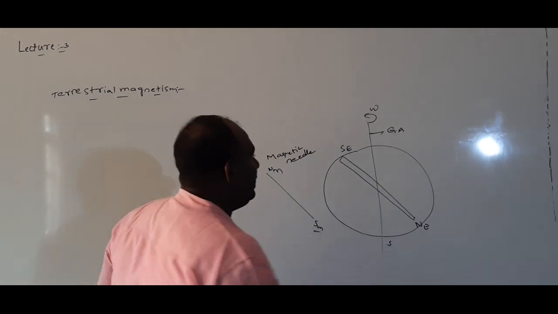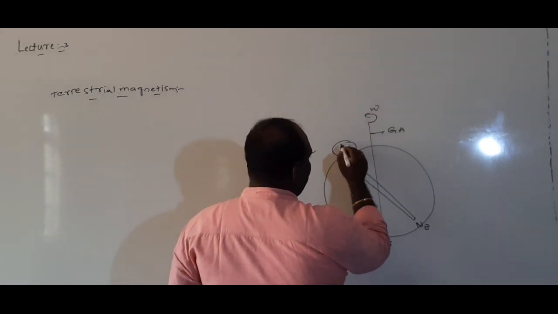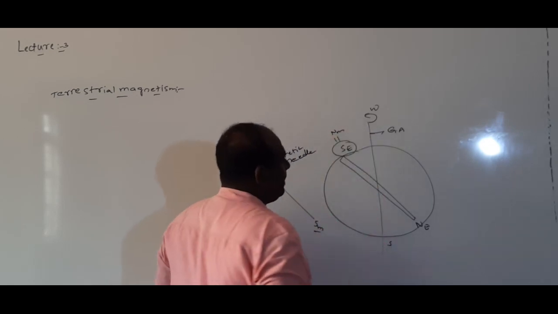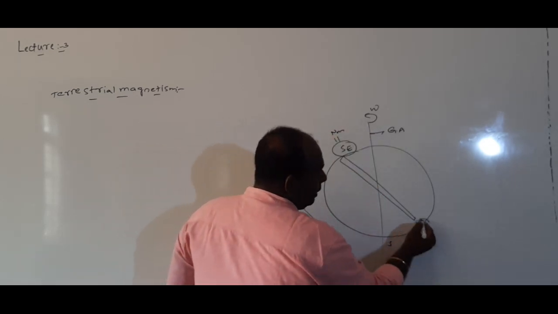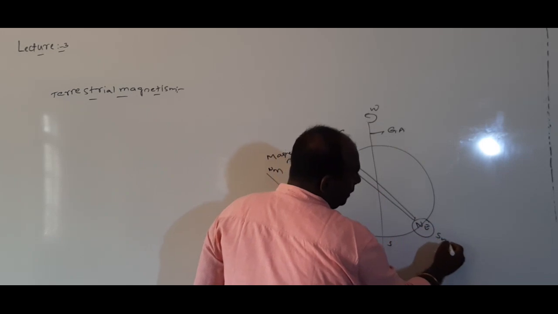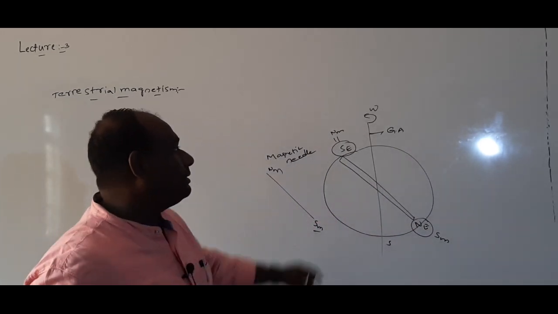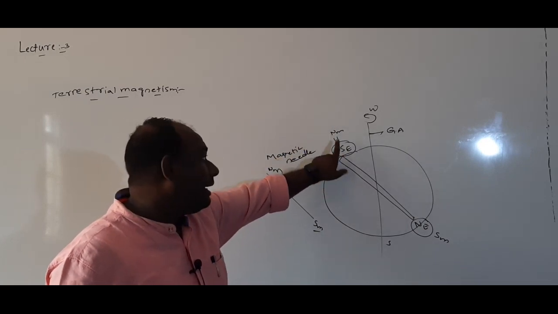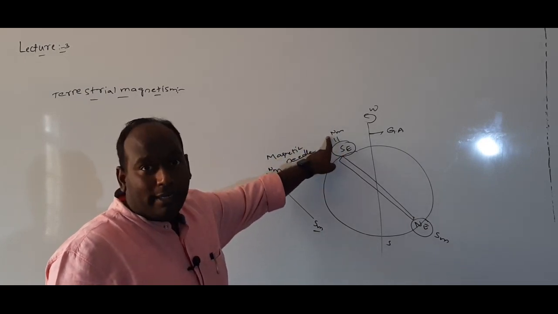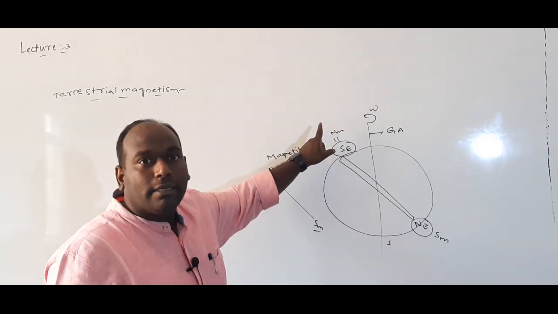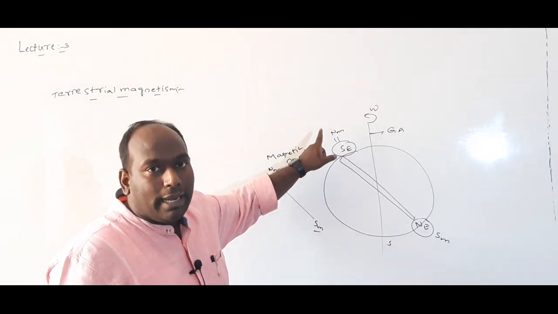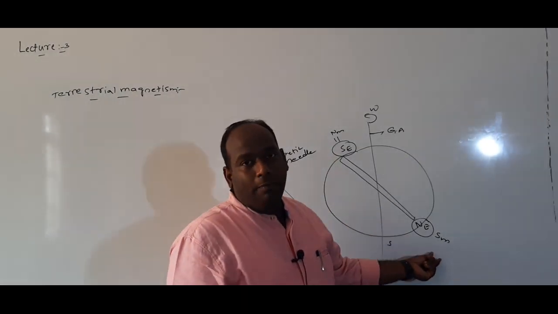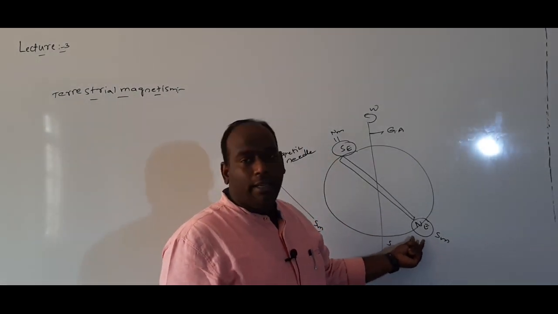In the same manner, the north pole of Earth attracts the south pole of the magnet. In the NCERT textbook, NM indicates the north pole of the magnetic needle. The north pole of the magnetic needle is attracted by the south pole of Earth, and the south pole of the magnetic needle is attracted by the north pole of Earth.